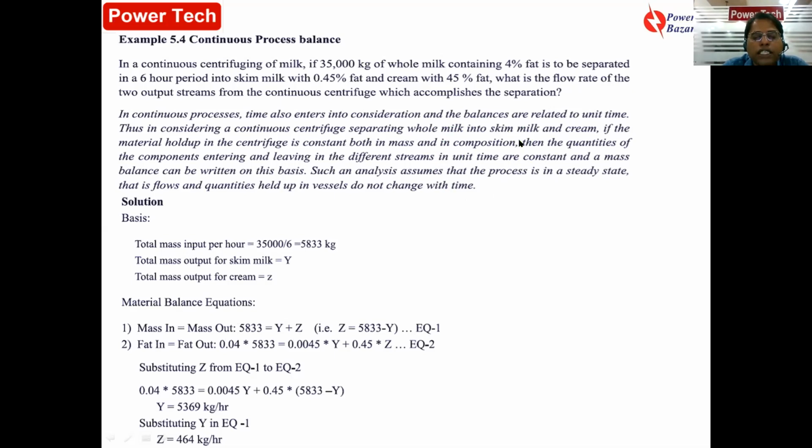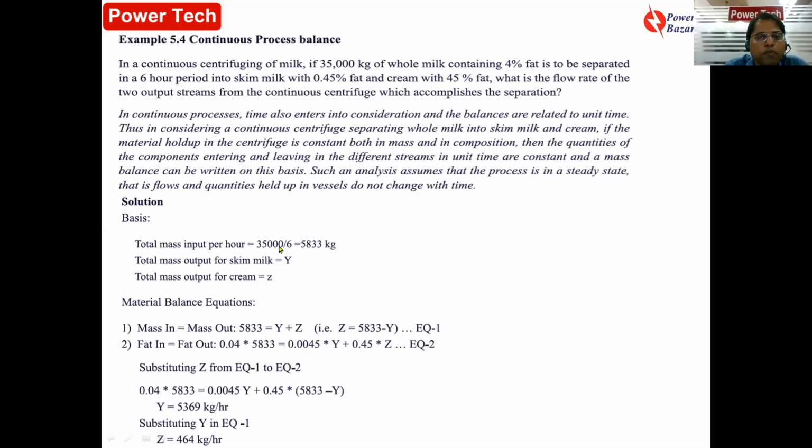We are assuming that it is constant, that is, the composition and the mass do not change with time. So in the continuous process, we can safely assume the rate of mass input flow is equal to the rate of mass output flow. With this assumption, we solve these problems.